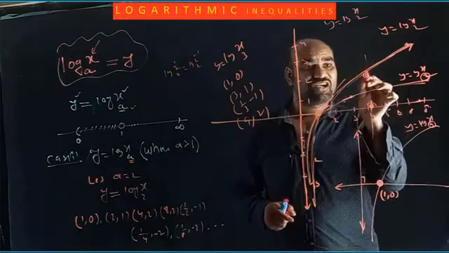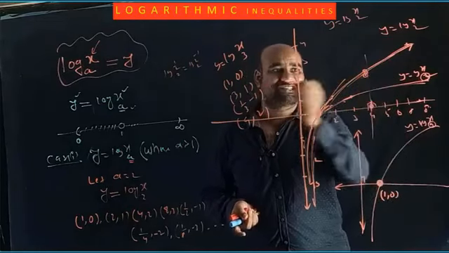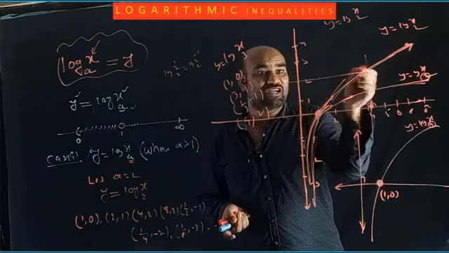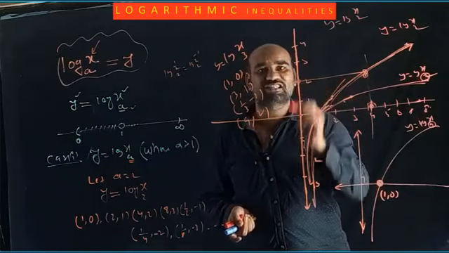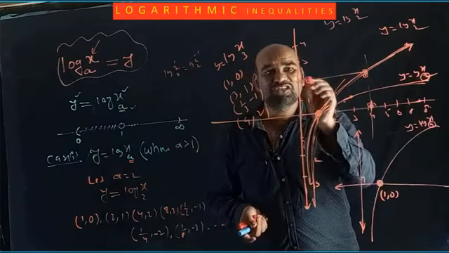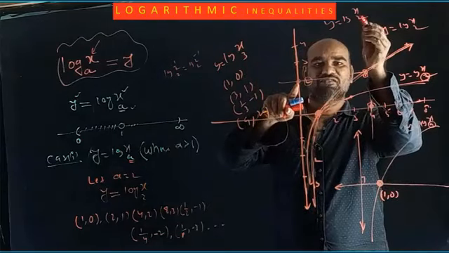That line intersects the graph somewhere. From that point you need to draw a line parallel to the x-axis. That line will intersect the y-axis somewhere, for example at point (0, 2). Then 2 is taken as the corresponding y value. Means if x is 4, y is 2.